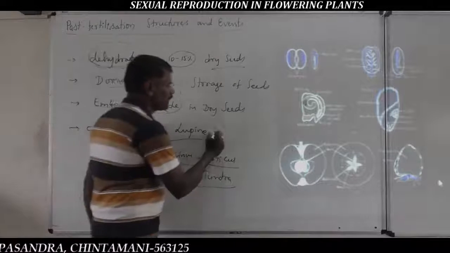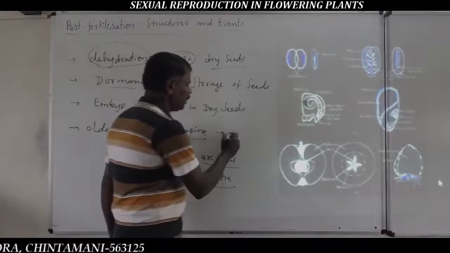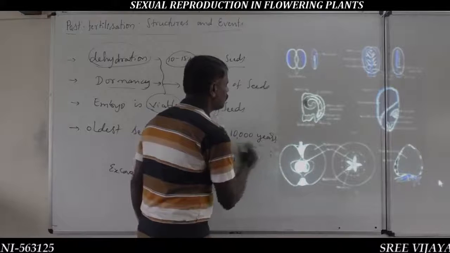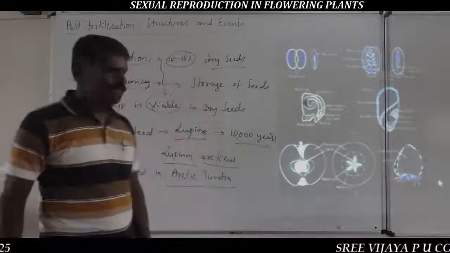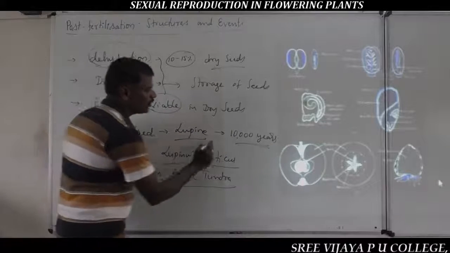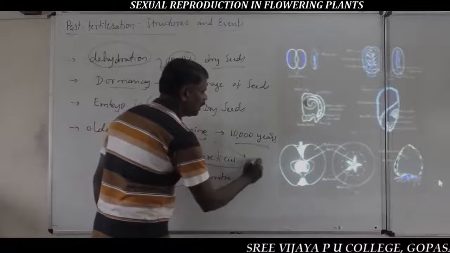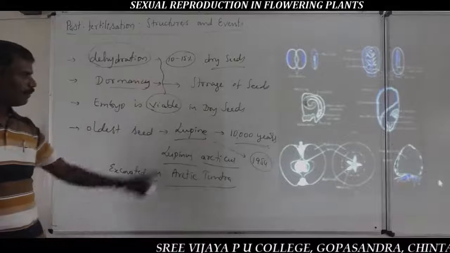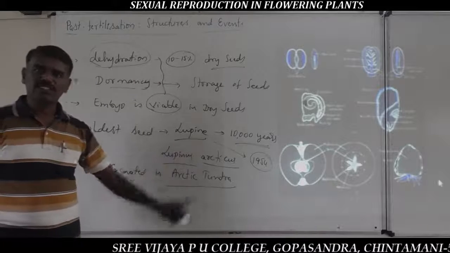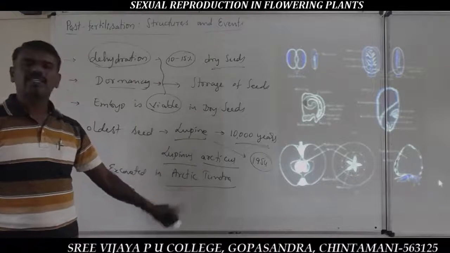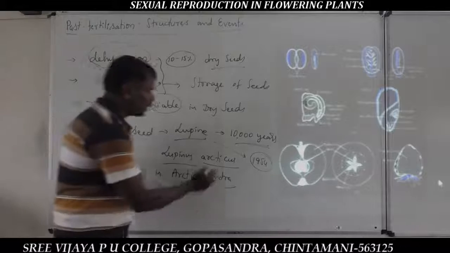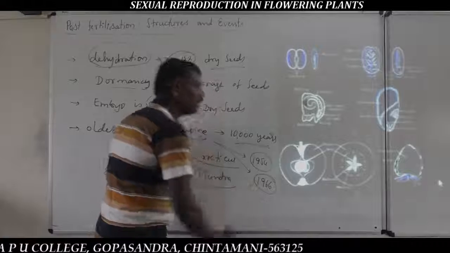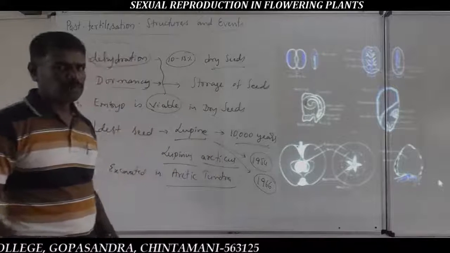This lupin seed was viable for nearly 10,000 years. It was excavated in 1954 in the Arctic tundra region, but this seed germinated even in 1966.